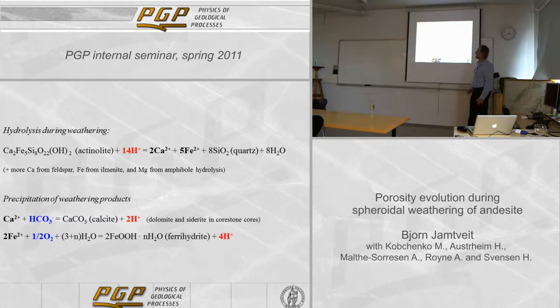And you also see that during the precipitation of the weathering product, we actually produce protons, which we consume during the hydrolysis. There is a positive feedback. What is consumed during hydrolysis is produced during precipitation, and what is produced during hydrolysis is consumed during precipitation. So there is a positive feedback between the breakdown of the original magmatic minerals and the precipitation of the weathering products.